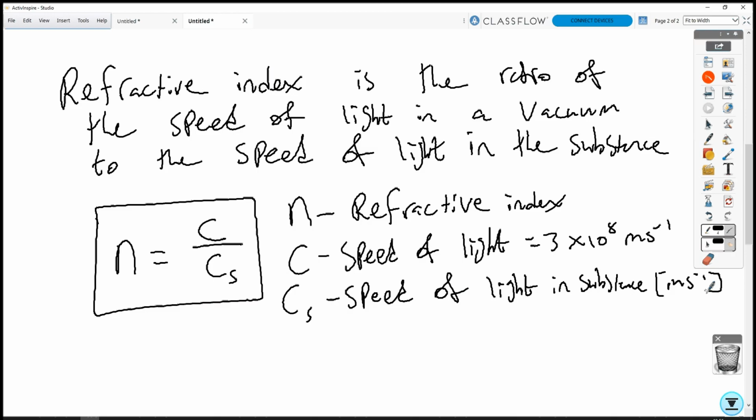So for example, if glass has a refractive index of about 1.5 or 1.3, can't remember which one it is, let's just assume it's about 1.3. That means that the speed of light in a vacuum is 1.3 times faster than the speed of light in that substance.